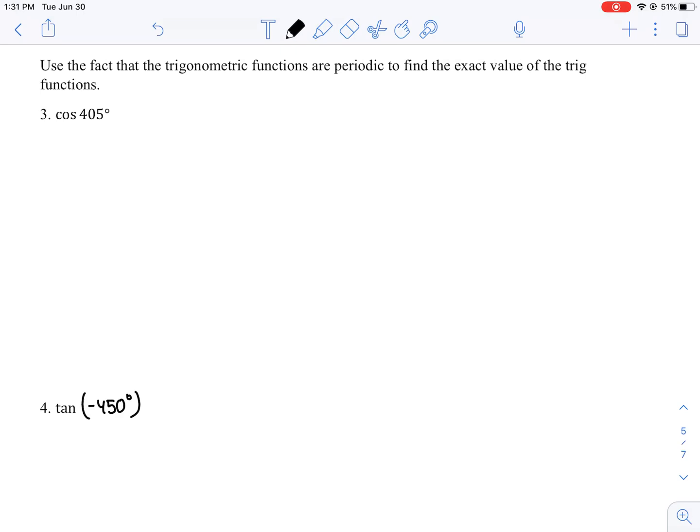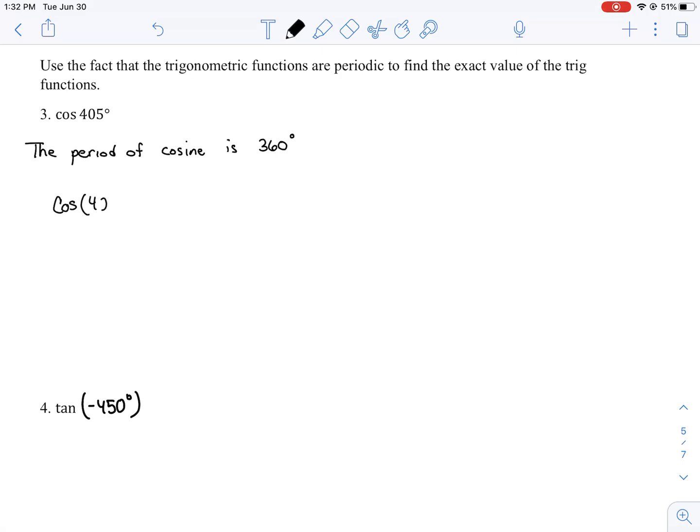So we're going to start with the cosine of 405 degrees. What do we know about the period of cosine? Well, the period of cosine is 360 degrees. And so if we take 405 and subtract 360 degrees, we will get an angle that is coterminal to 405 and has the same cosine value.